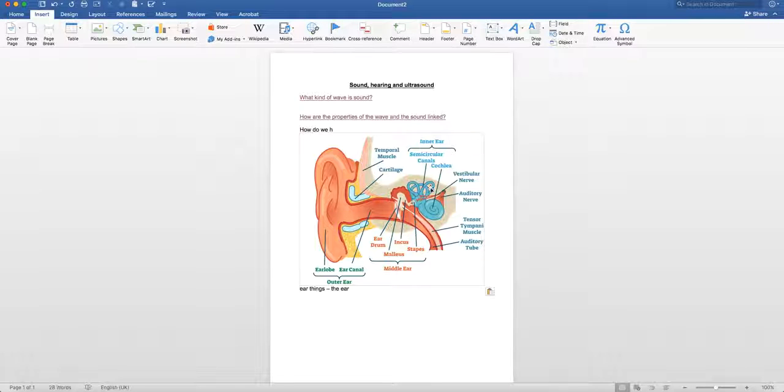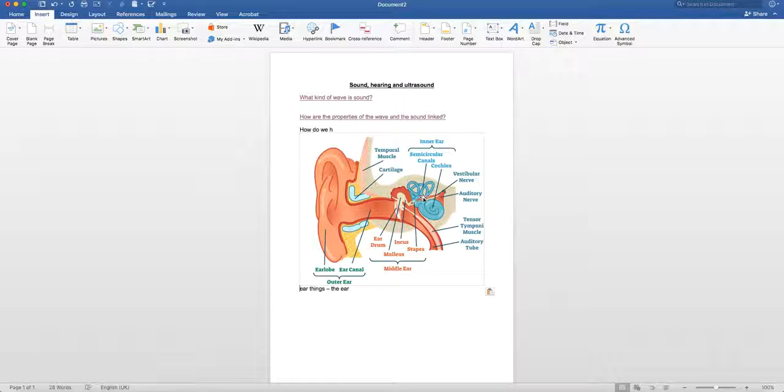The semicircular canals here in the inner ear, along with the cochlea, the semicircular canals have got nothing to do with hearing. They're about balance. There's fluid in these semicircular canals, and the movement of these fluids tell the brain which way up you are. It tells the brain what to do.